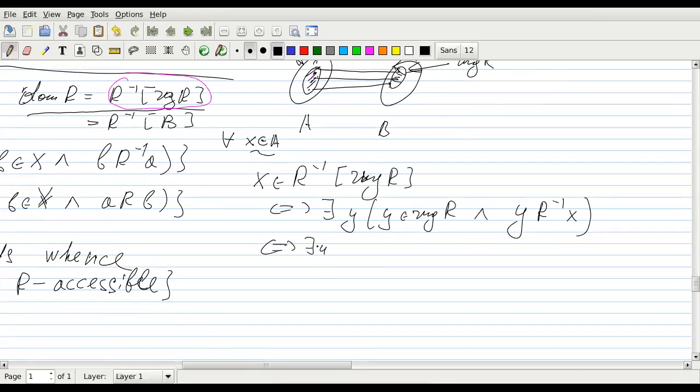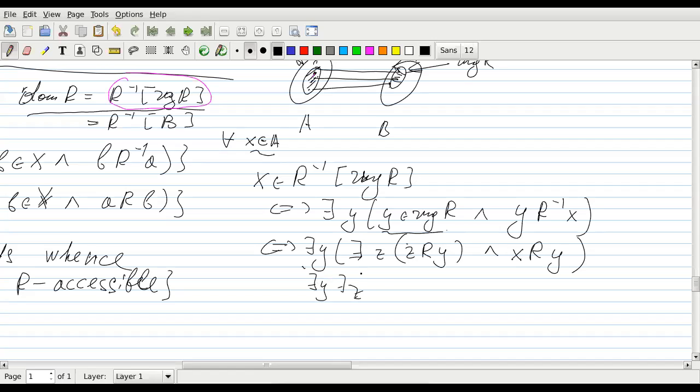Да. Хорошо. Но что значит, что y попало в range r? Ну, это значит, у нас существует такой z, что из z идет r стрелка в наш y. Тут мы можем, кстати говоря, перевернуть и написать x, r, y. Смотрите, это все те и только те точки, что существует y, существует z.